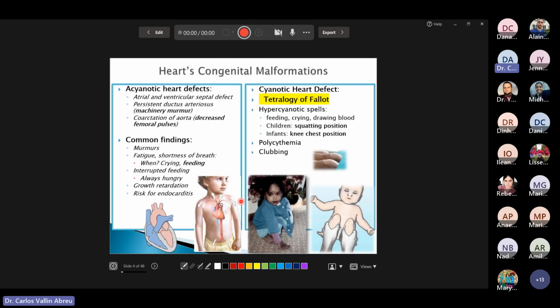Also, we need to have a little concept of pediatrics in cardiology. And you know that in pediatric cardiology, it needs to start with malformations that can occur during the development of the fetus in the uterus. And those are called congenital malformations.